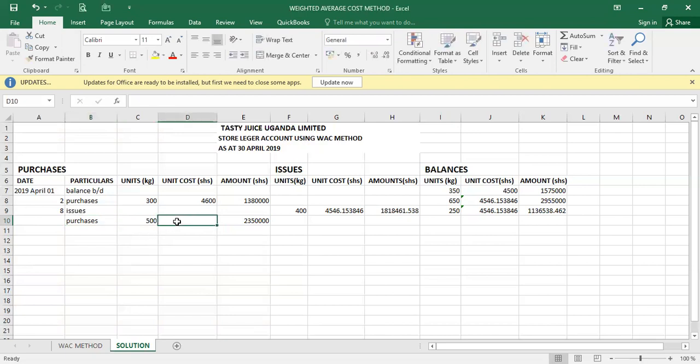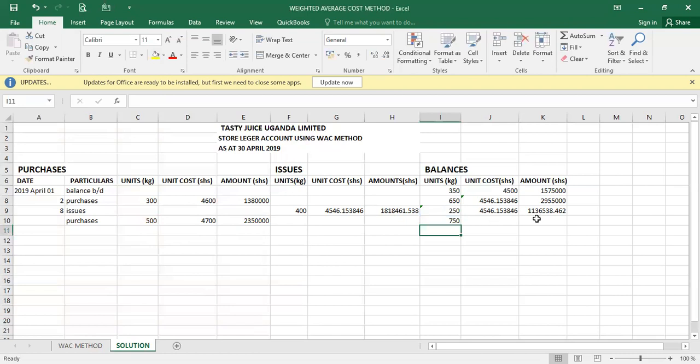So to get our unit cost, it will be this divided by this. The same way we are doing it here is the same way we do it this side. It will be this plus this. That's our number of stock.